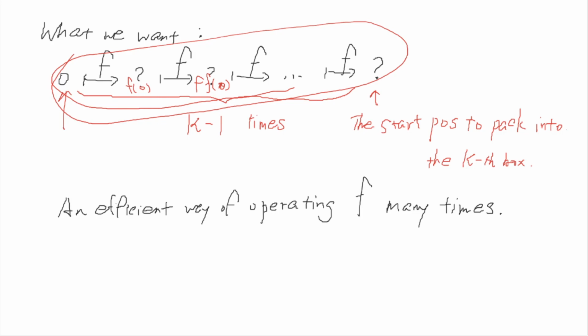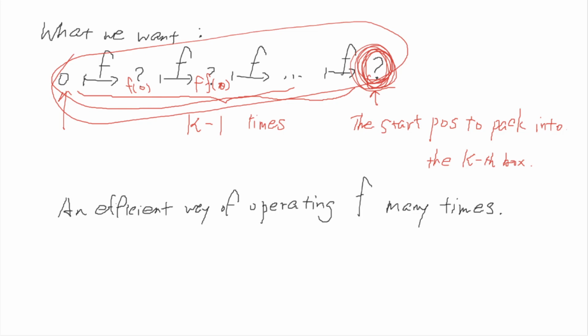We repeat it again k minus 1 times, and the last value in the subsequential process is the start position to pack into the case box. So if you find out this value, you can easily count the number of potatoes in the case box.